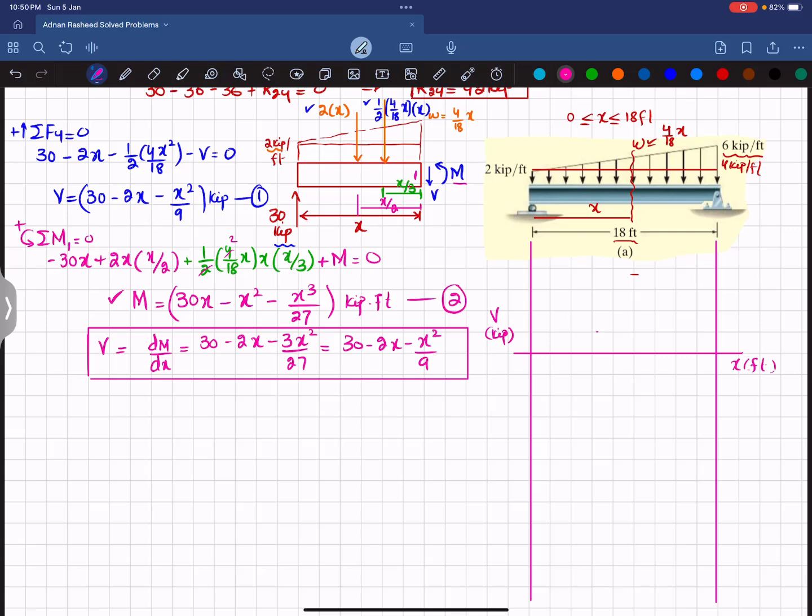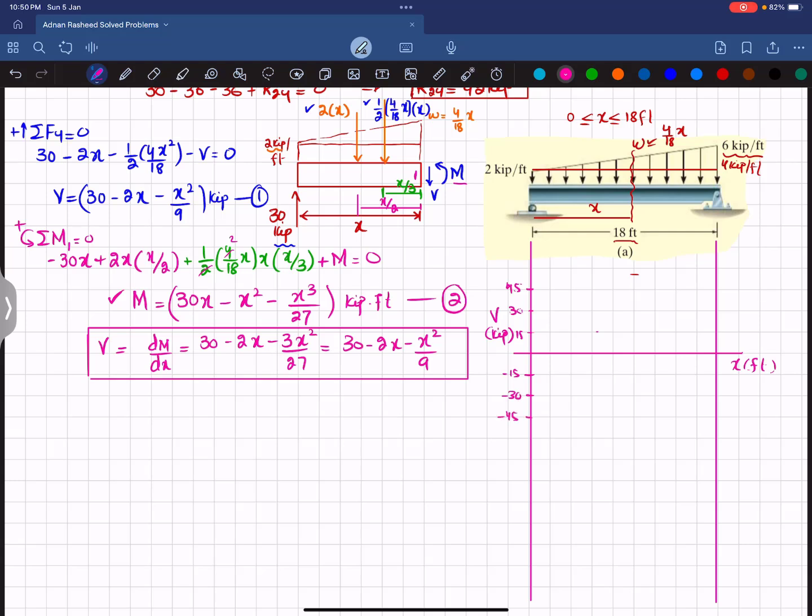Let one division be 15 kips, two divisions 30 kips, third division 45 kips. Similarly minus 15, minus 30, minus 45.